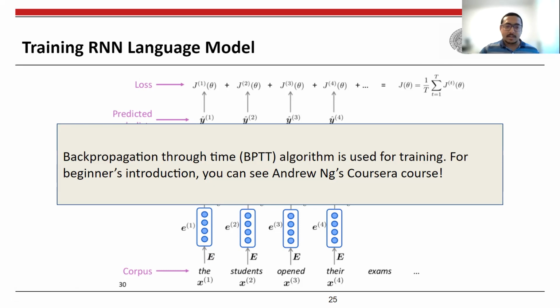The traditional backpropagation does not work in case of recurrent neural networks, so they had to define a new type of backpropagation called backpropagation through time. If you want to know the details of this, you can look into Andrew Ng's course in Coursera. This is quite interesting, and if you look into it, you can understand some of the challenges that this particular backpropagation through time approach has, and how they solve those challenges.